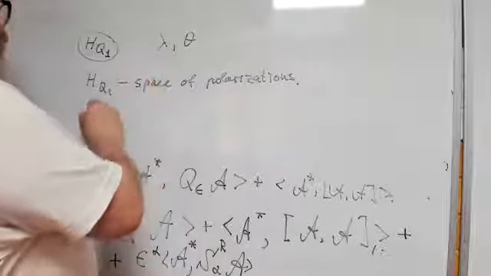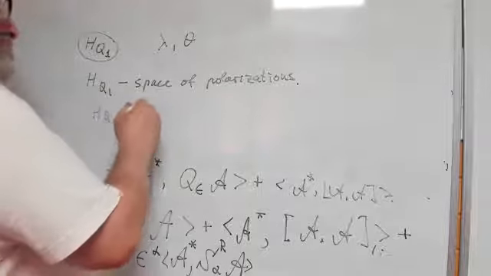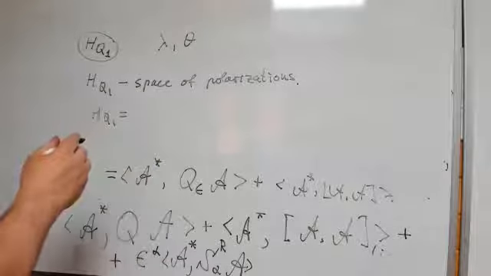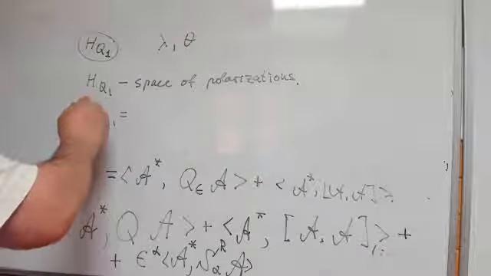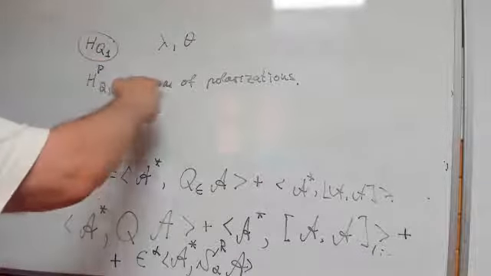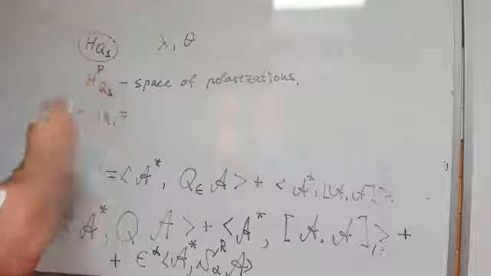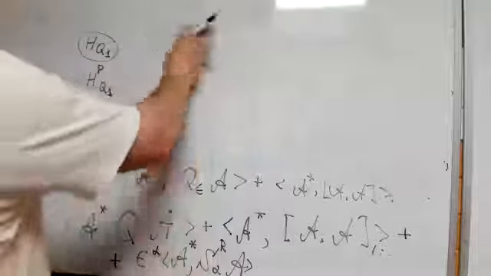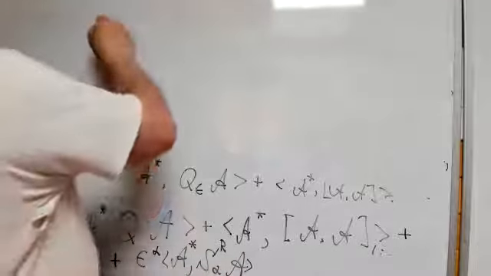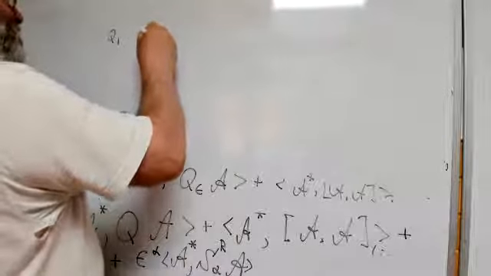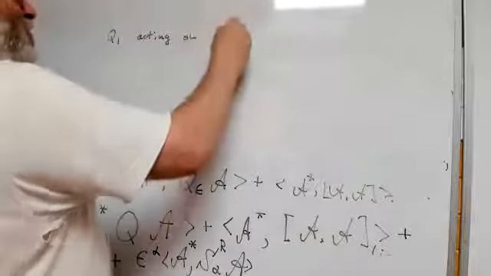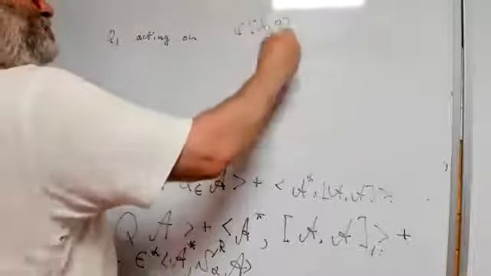Let me say that Q1 is acting just on this. Consider this. So it has finite dimensional cohomology.